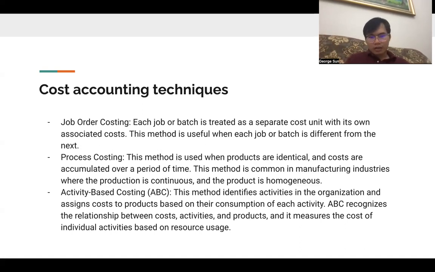And activity-based costing means each activity is basically taken into account. So let's say today I went on a business trip for a deal, and that will just be in the travel category of costing.